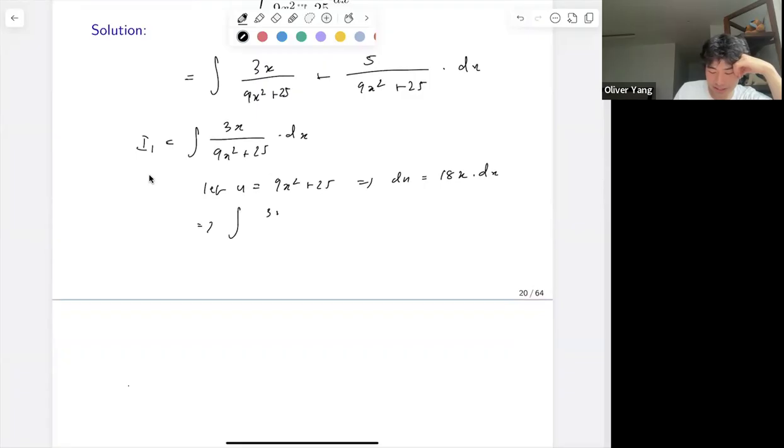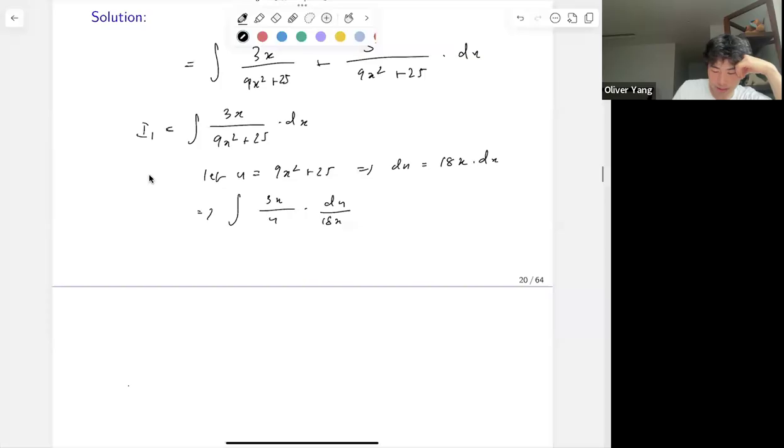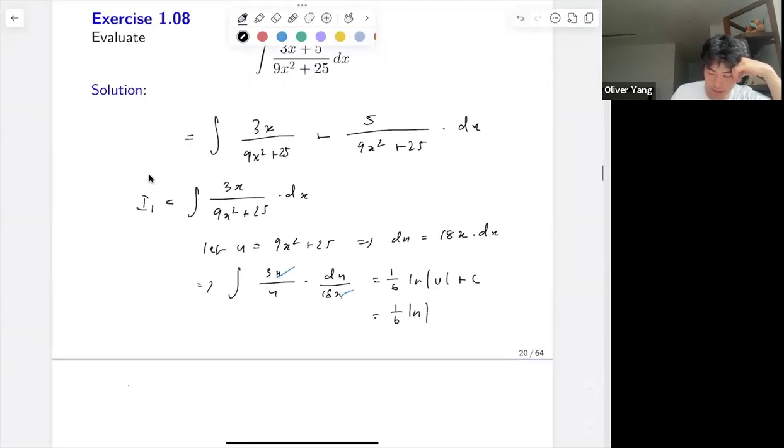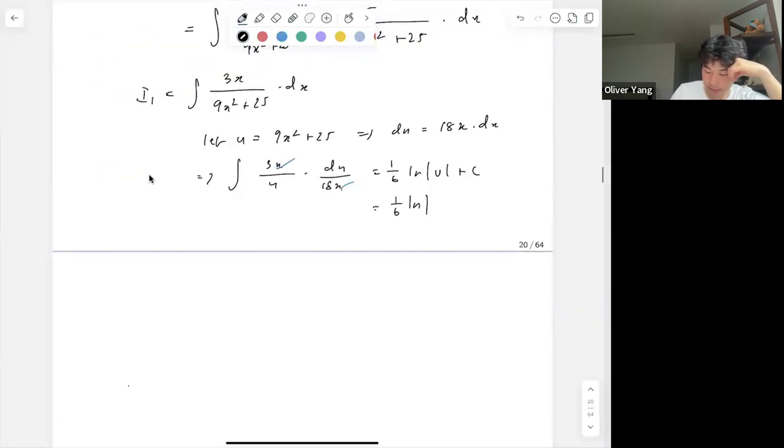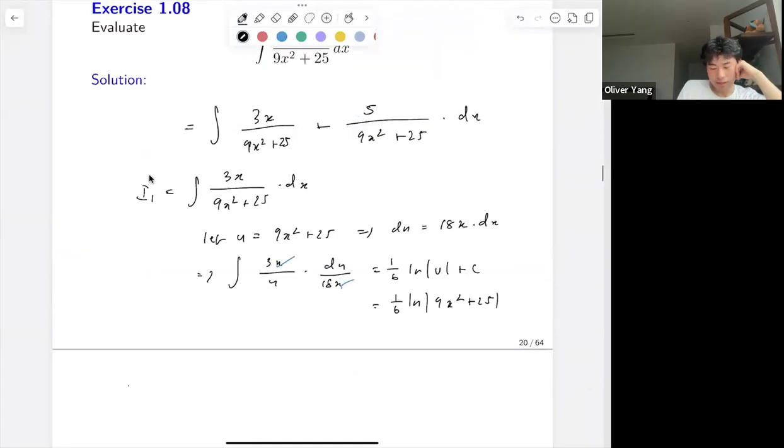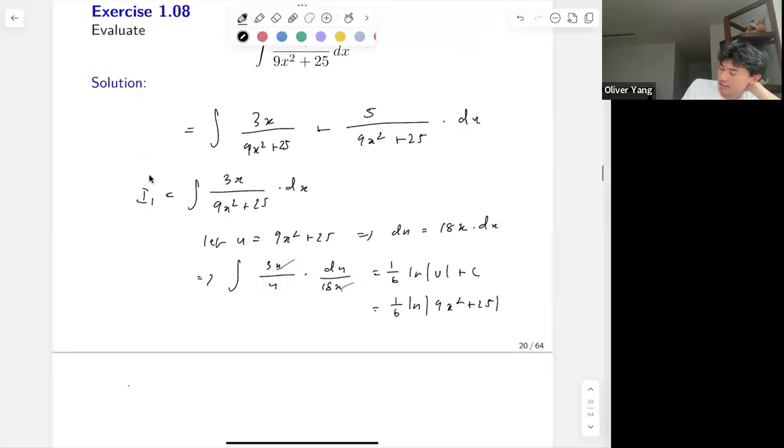So our substitution becomes 1 over u du over 18x, right? The x's cancel out. It becomes 1 over 2, right? We put the constant at the front. Integrating it becomes ln u plus c. So it would be 1 over 18 ln of 9x squared plus 25, right?